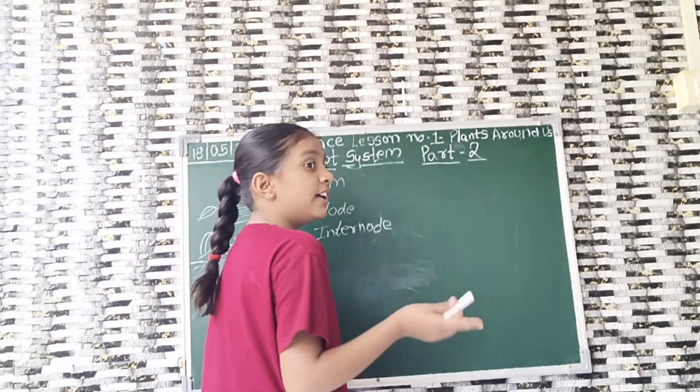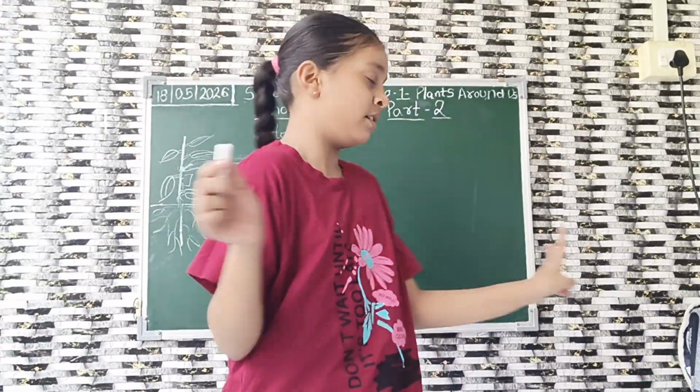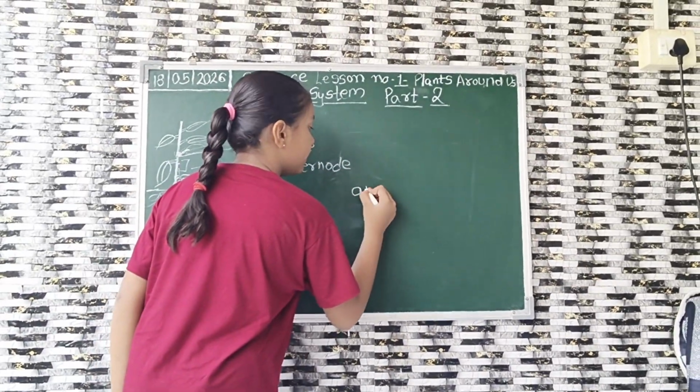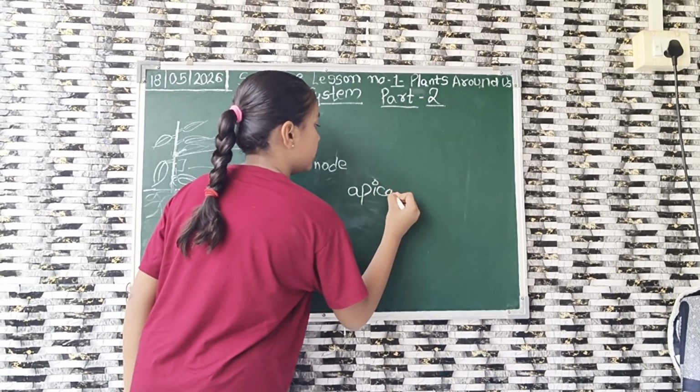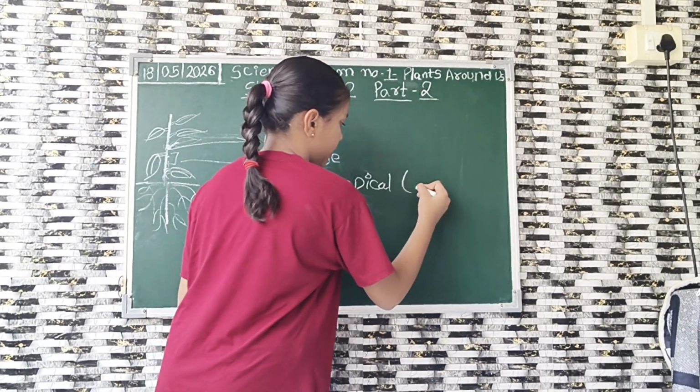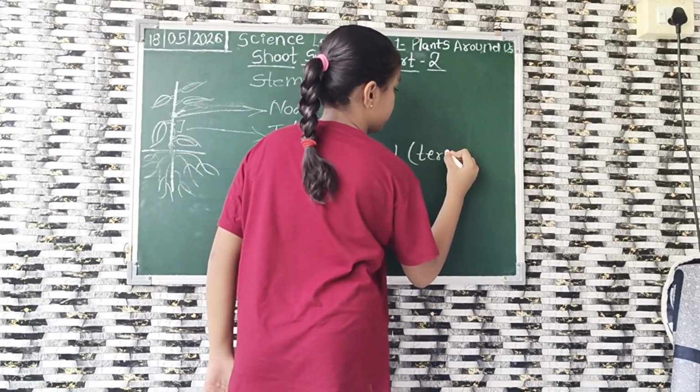Now, can I tell you one interesting thing about buds? There are two types of buds in a plant. The first is apical, or we can also call it terminal, your choice.